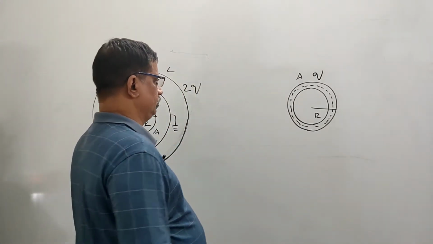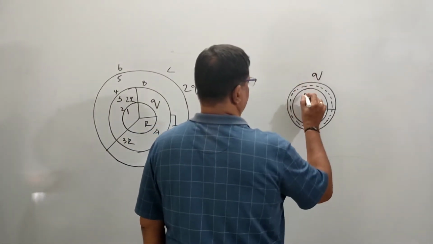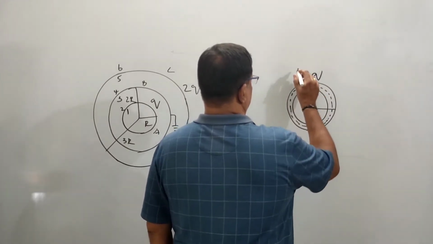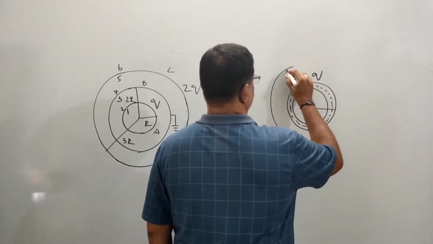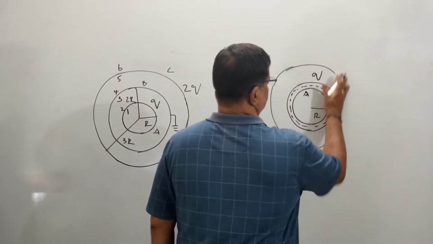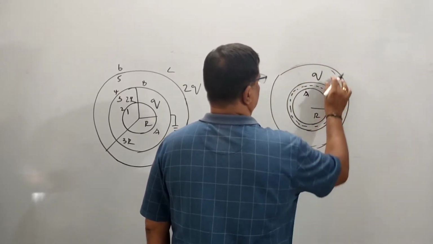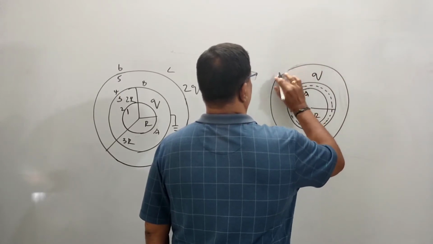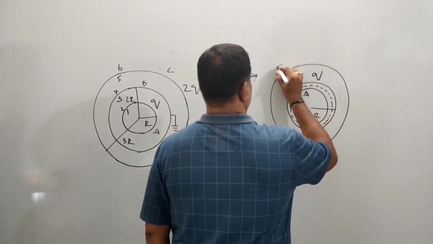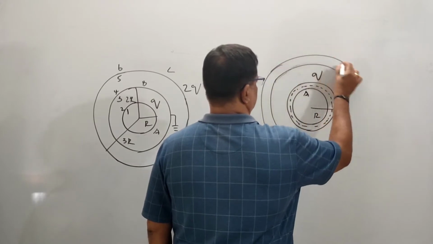Now let us turn our attention to the second shell, which is B. This is our second spherical shell. It also has got two surfaces, one inside and the other one outside.